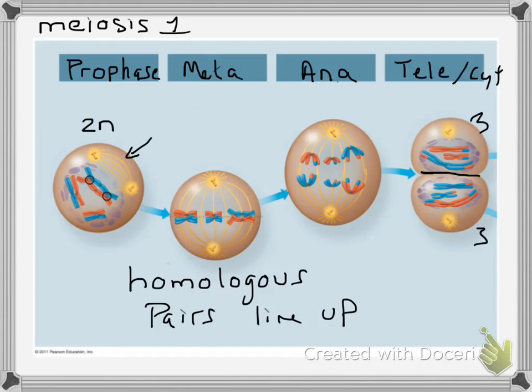If we go back to the prophase cell, we have 1, 2, 3, 4, 5, 6 chromosomes, 6 total, and that is the 2n number. N is equal to 3 for my prophase cell. So here, since I have 3 chromosomes, I am at N, or haploid. We have already reduced, so we call this the reductional phase, and we are reducing the total number of chromosomes in our cells.